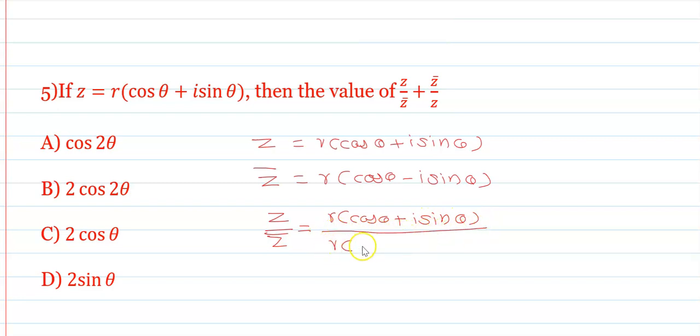That is R in bracket cos of theta minus I times sin of theta. Okay. This is Z upon Z bar. And what you will get here? R and R get cancelled, and then here you will get cos of theta plus I times sin of theta.